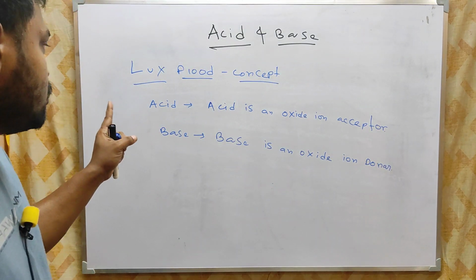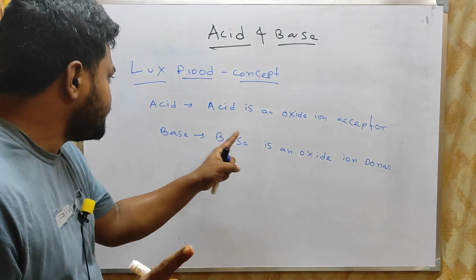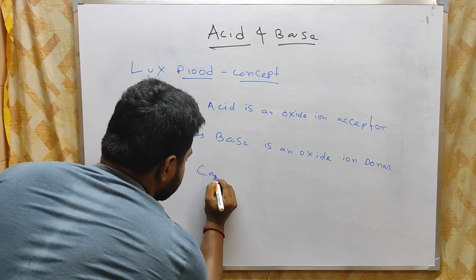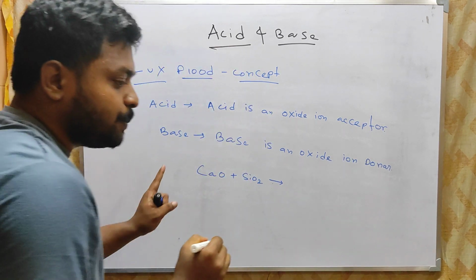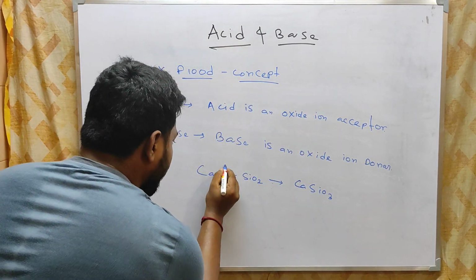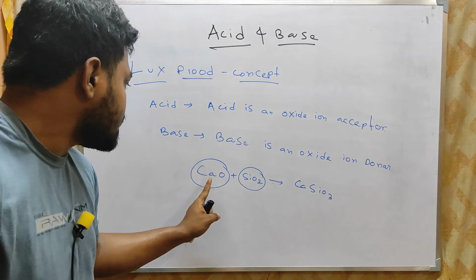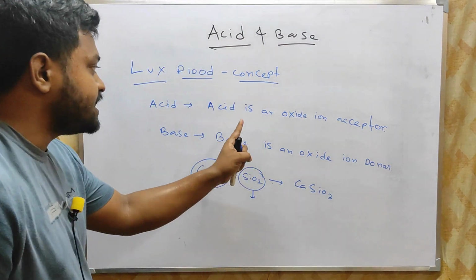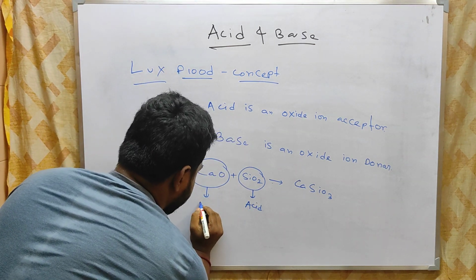Now let us take an example. The example is calcium oxide plus SiO2, silicon dioxide, and the formation is CaSiO3. Silicon dioxide accepts oxide ion from calcium oxide, so silicon dioxide acts as an acid and calcium oxide acts as a base.